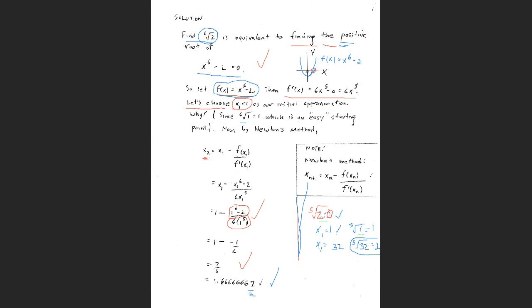Now, do you think x2 equaling 1.16666667 is a good approximation to the sixth root of 2? Do you think that's a good approximation? Probably not.